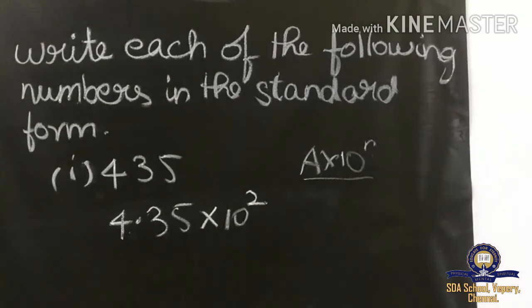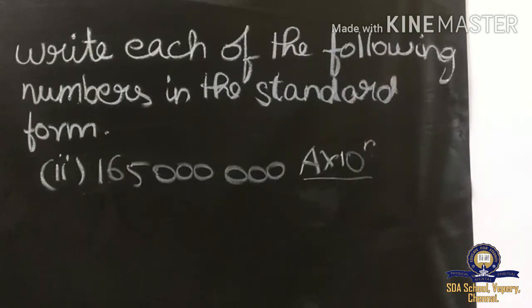Let's see another example. You can easily remember this. Here you can see that it is a large number, right? It is too large. We cannot say it easily, right? Even we cannot understand this easily. So here we are going to write this number in the standard form.